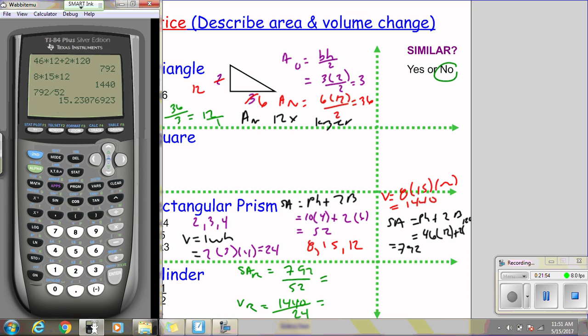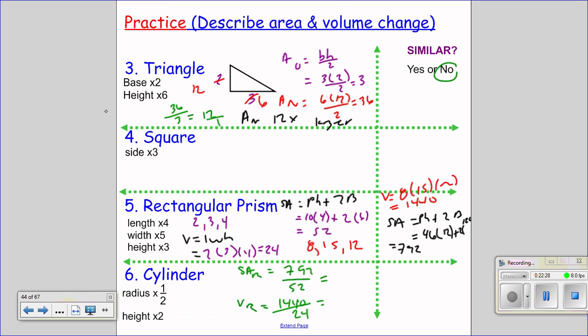I wonder what this is as a fraction. 198 over 13. Okay. And 1440 over 24 is 60. So the volume is 60 to 1, but the surface area is 198 to 13. Interesting. So definitely not similar at all.